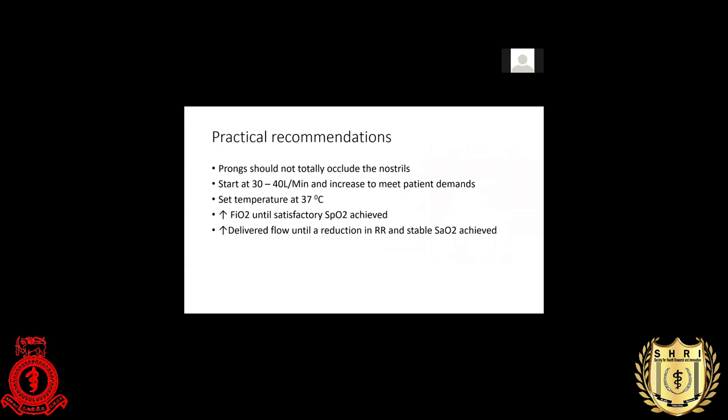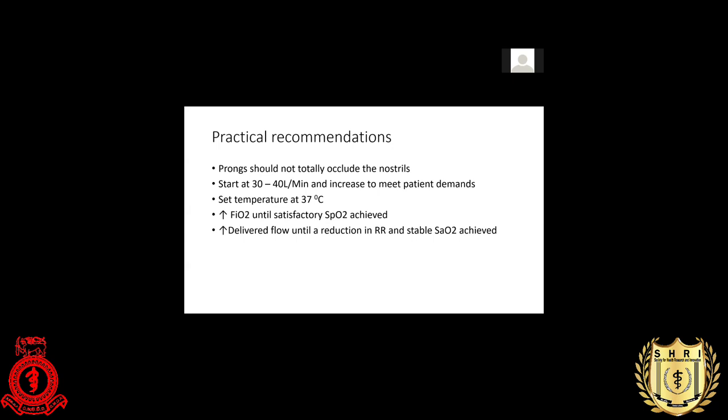Some practical recommendations. When you are going to select the nasal prong, it should not totally occlude the patient's nostril. Ideally, it should be two-thirds of the size of the patient's nostril. And in the Sri Lankan College of Anesthesiologists guideline, they recommend starting the flow rate from 15 to 20 liters per minute in a COVID patient and increasing according to patient response.